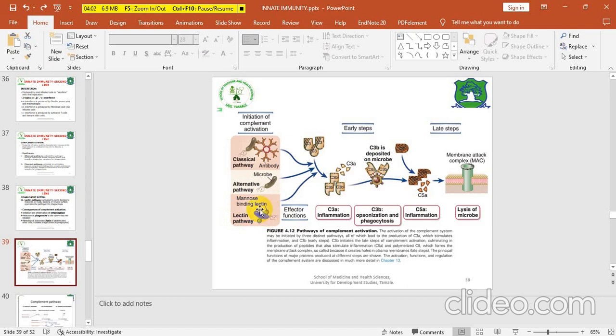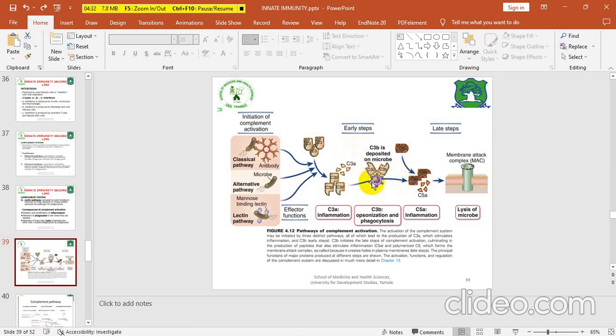So the organism will recognize this lectin, and when it does, these steps will follow. First, C3 is converted to C3b, which will go and coat the organism and destroy it, or C3a, which will go and mediate inflammatory reactions.